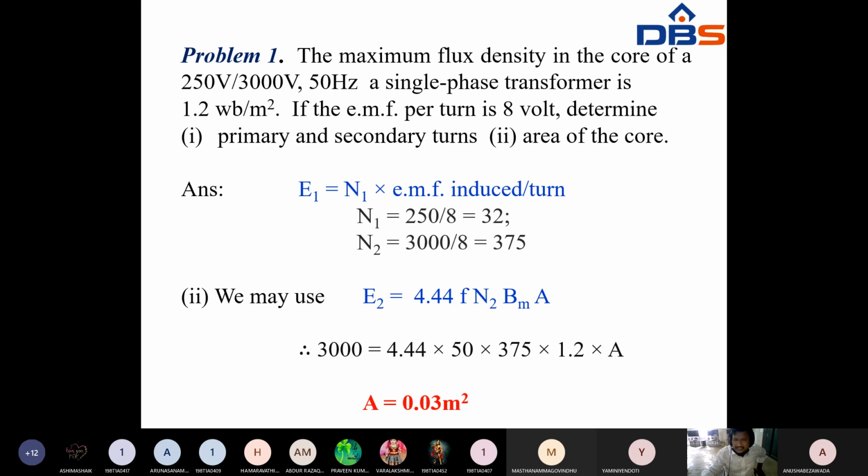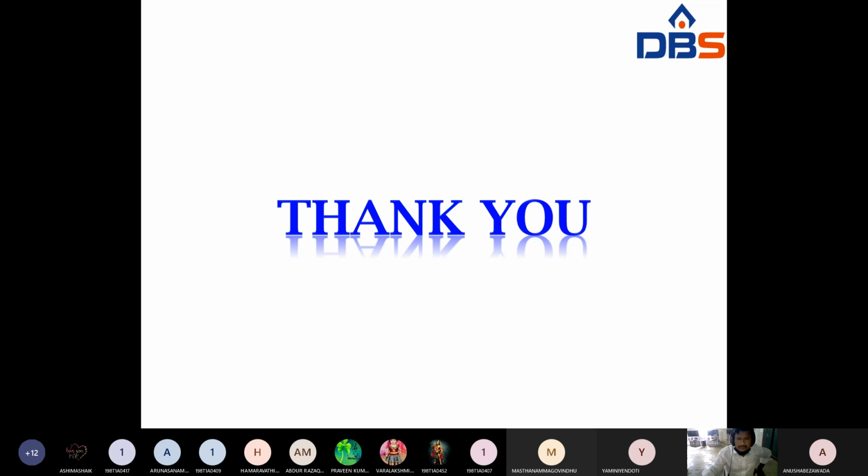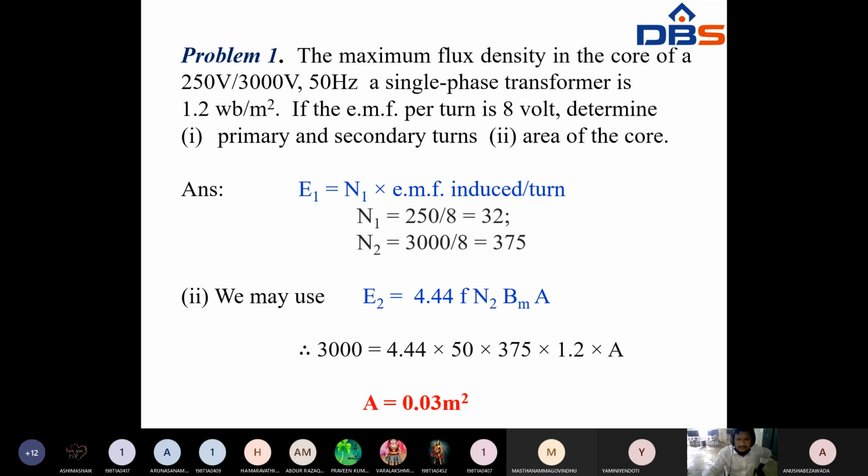Therefore E2, which is 3000, is equal to 4.44 into 50 into 375 into 1.2 into A. So for that, A is equal to 0.03 meter square. Like that, this is how to determine it. Important problem.